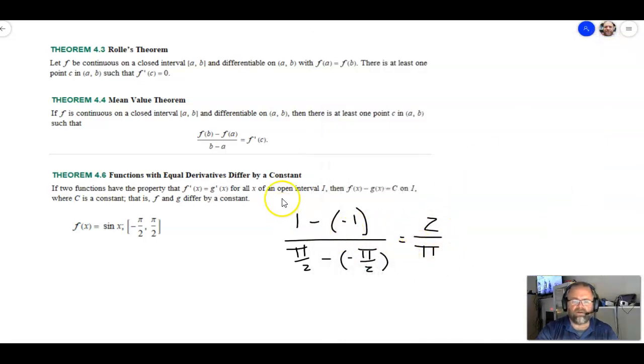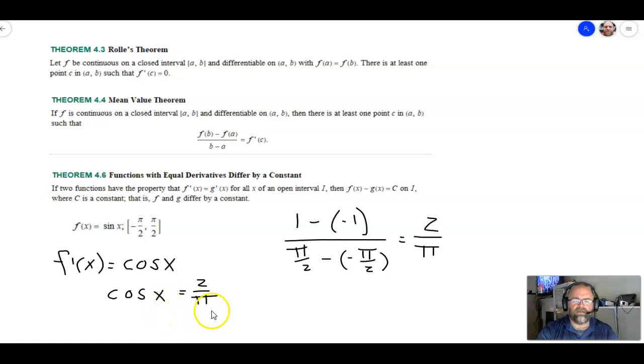So in order to find the c, what we're going to do is take the derivative of this and set it equal to the slope of the secant line here. The derivative of this is very easy. The derivative of sine of x is just cosine of x. And then we're going to set that cosine of x equal to 2 over pi.